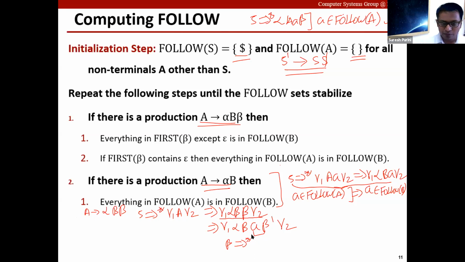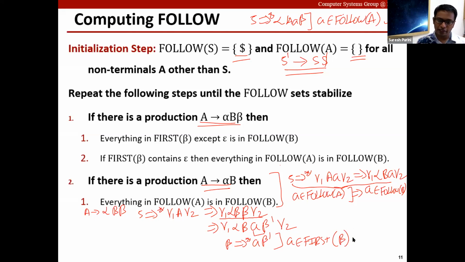Whatever is present in first of beta is also present in the follow of B. From beta, you are able to generate an intermediate form like a beta prime. So then that means a belongs to first of beta.